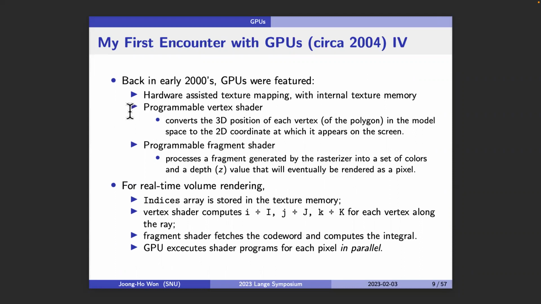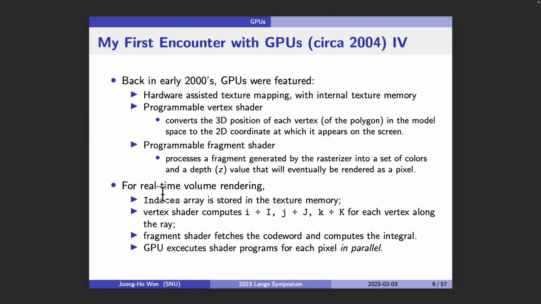And it has 2 sorts of programmable shaders. One is the vertex shader, which supports programming the vertices of the polygons that the GPU is rendering. And the fragment shader basically computes the pixel values.